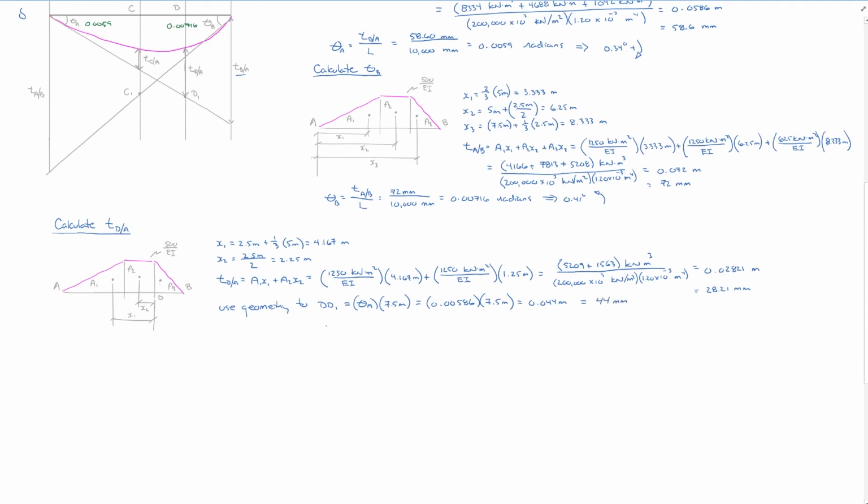And that then allows us to calculate the displacement at D.